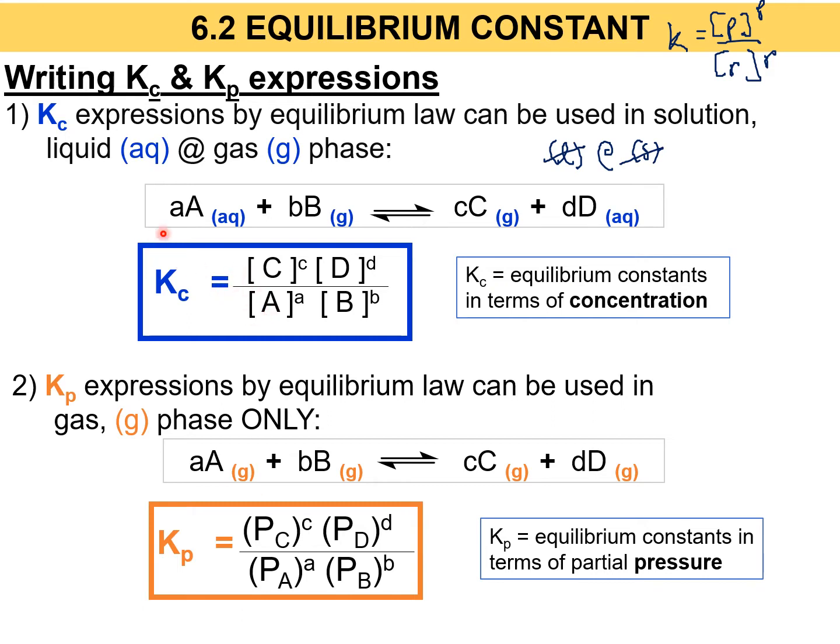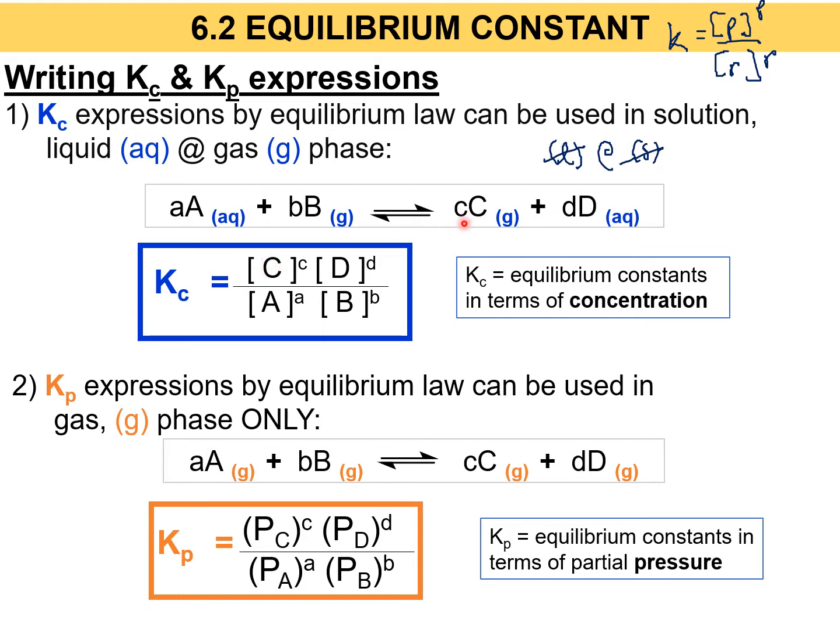Okay, so if you can see the examples here, the reactant dengan produk ada campur-campur aqueous dengan gas phase. That means this system is a heterogeneous equilibria. Okay, tapi disebabkan dia memenuhi kriteria untuk write the Kc expression, which is sama ada aqueous ataupun gas phase, that's why you boleh write it in terms of concentration.